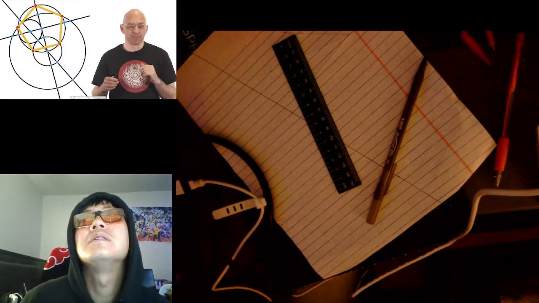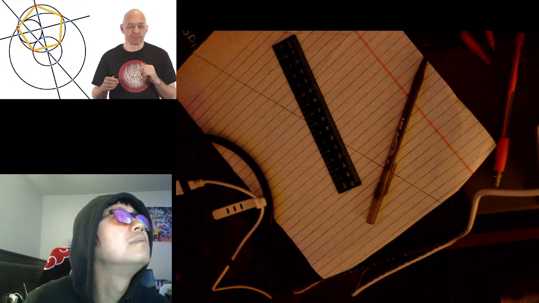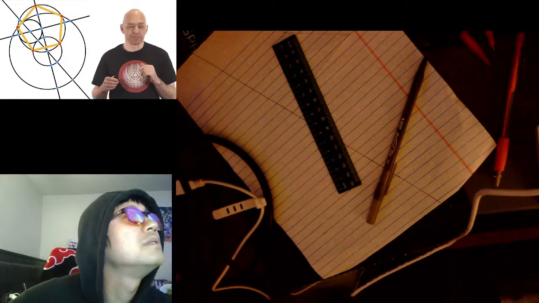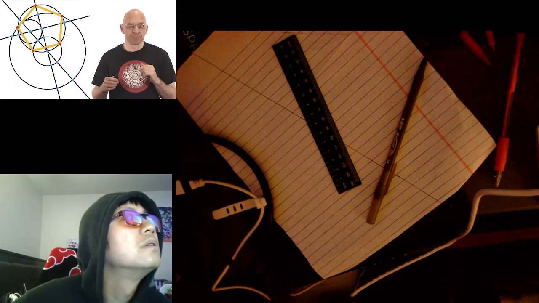This thing. 1, 2, 3, 4. What's he doing here? Draw 1 circle.